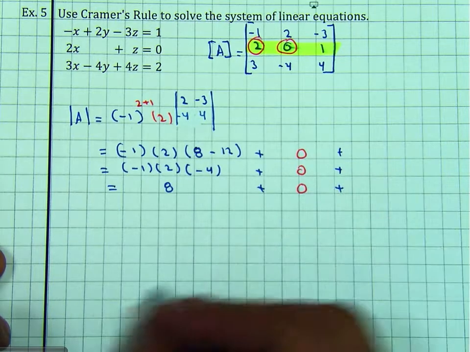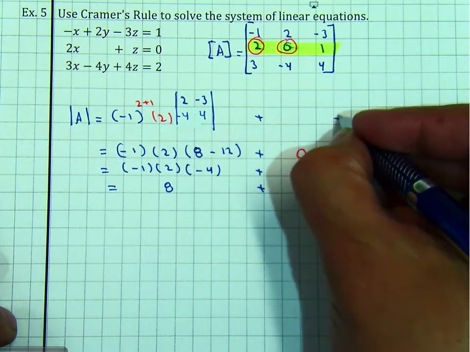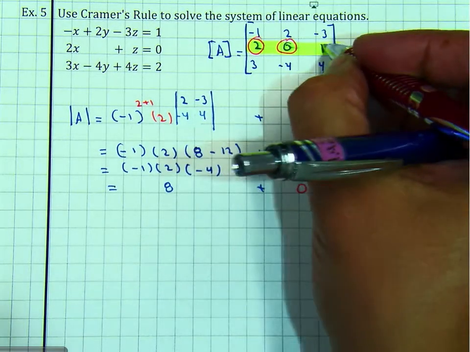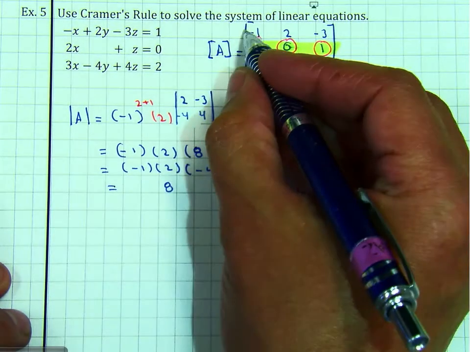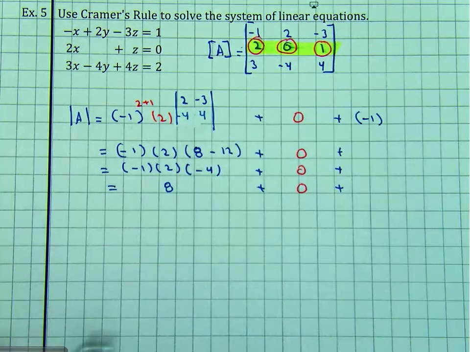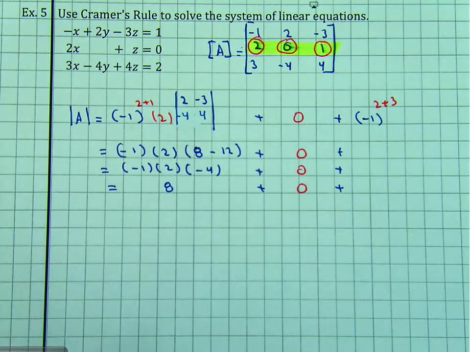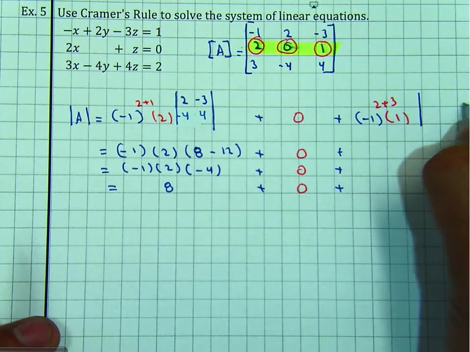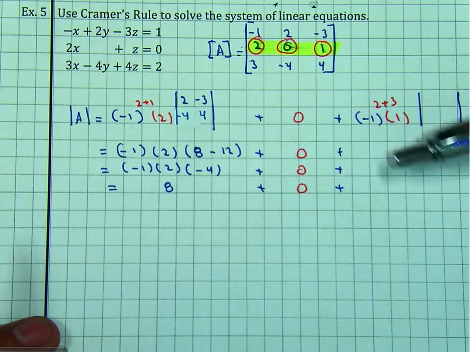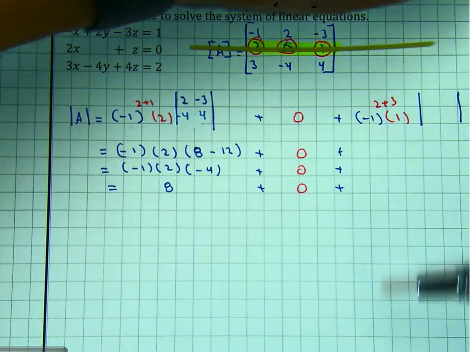And the last number is, let me start with plus a 1. So therefore, the location of the 1 is the second row in the third column. So it'll be second row and third column. Then we have the 1. And we are going to use our matrix that we get. We're going to delete the row and the column.